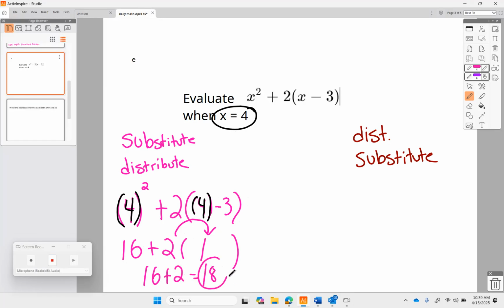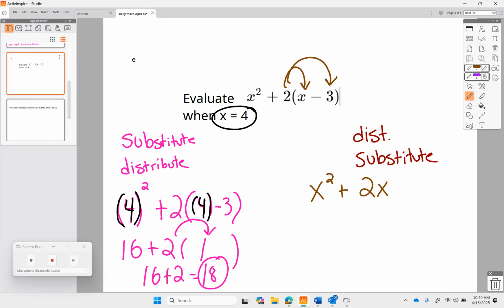Awesome. Now, what if I had distributed first? 2 times x is 2x. I also want you to get that a positive times a negative is a negative.